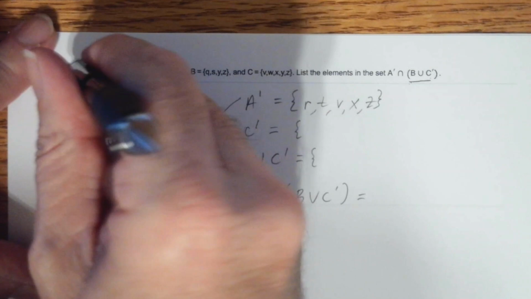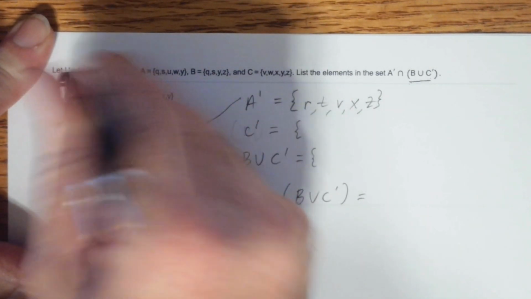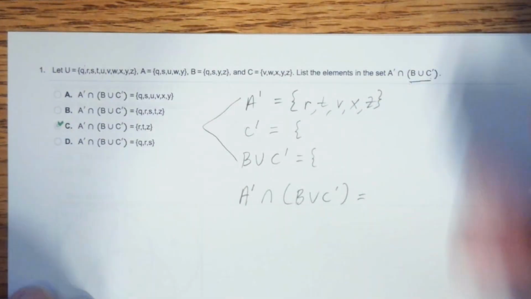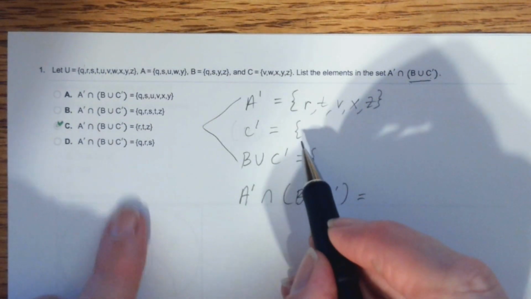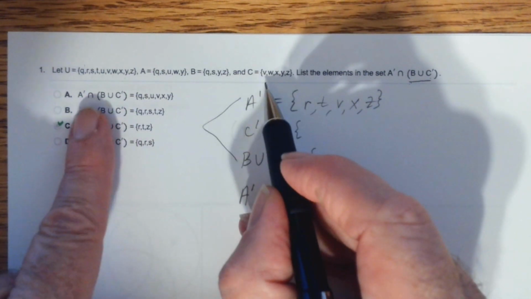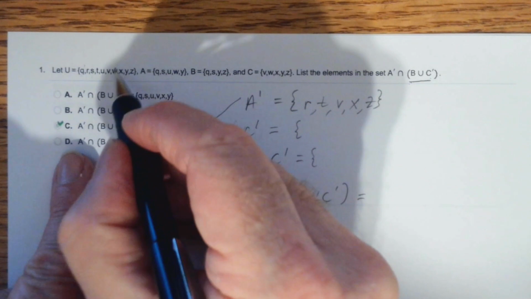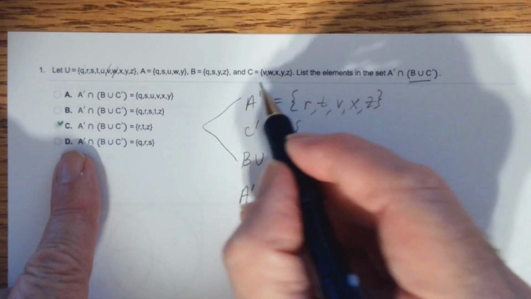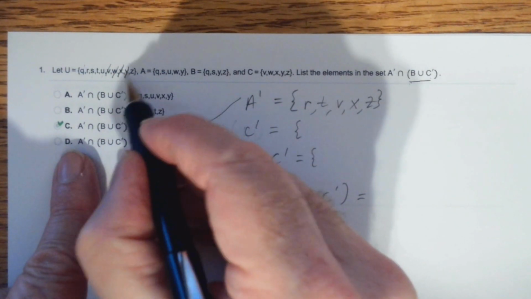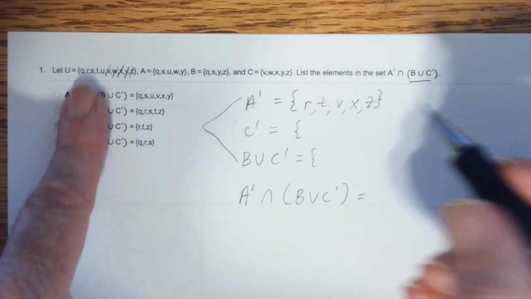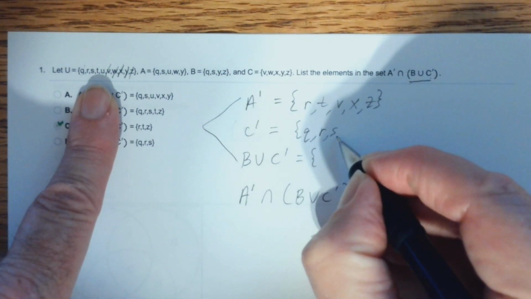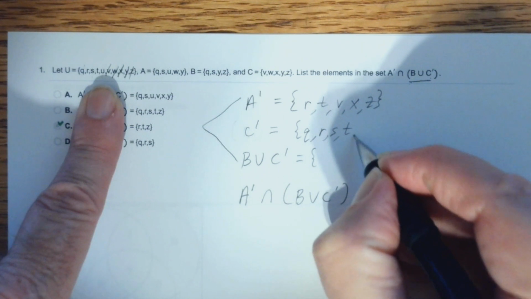I guess I need to erase here and start over. C complement are the elements in the universal set that are not in C. Well, C has V and W, so no V and W, no X, Y, or Z. And so C complement is Q, R, S, T, and U.